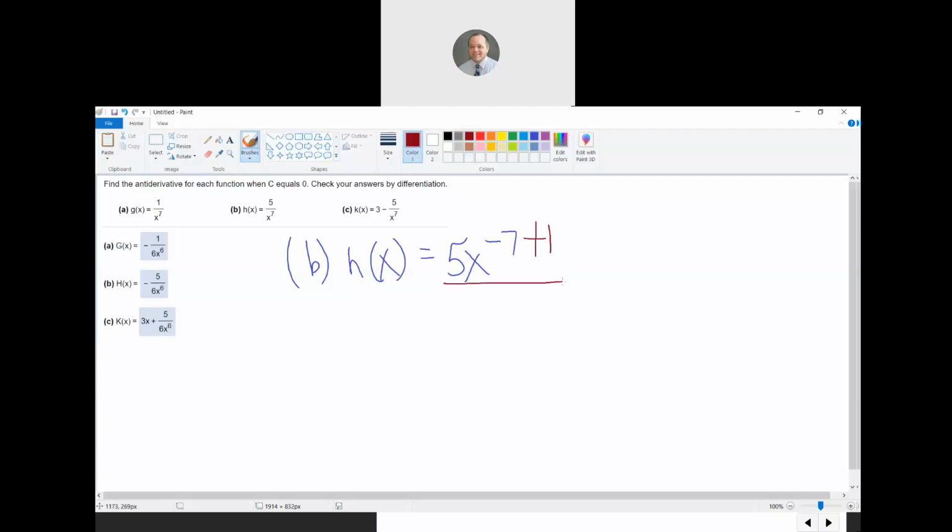And you divide your antiderivative by your new exponent. So our final answer is negative 5x to the negative 6 power over negative 6.